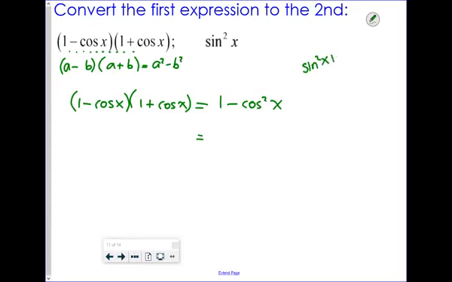Sine squared x plus cos squared x equals 1. You have to memorize them. So what would 1 minus cos squared x be? Subtract cos squared x from both sides. That cancels that. 1 minus cos squared x could be rewritten as sine squared x.